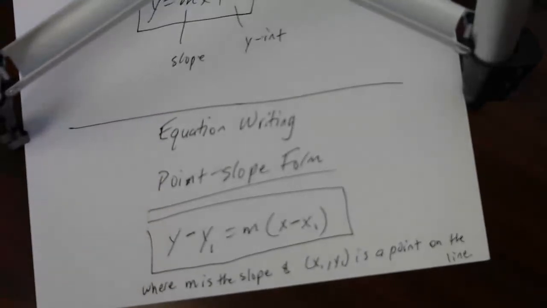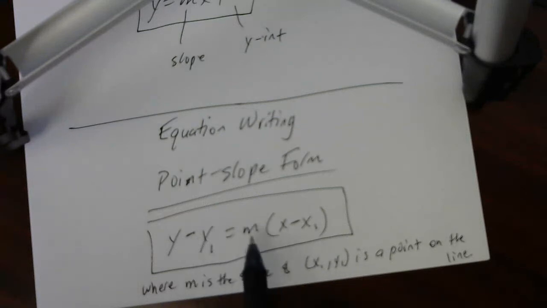The reason this is called a point slope form is because in order to use it, you must know a point on the line and you must know its slope. If you're given a point on the line and if you're given a slope, you can write out this equation by using the point slope form. Now, you're never going to know x and y, right?